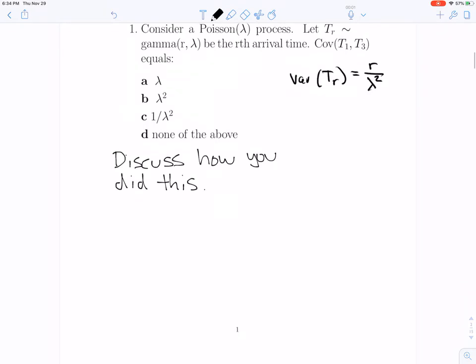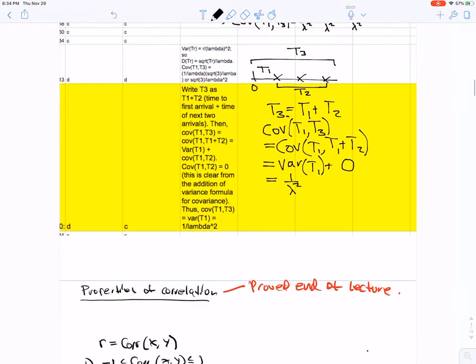To see this, there's a couple explanations. One was basically if you write T3 as T1 plus T2 by thinking of T2 as the time of the next two arrivals after the first arrival, then the covariance of T1, T3 is just the variance of T1 plus 0, because covariance of T1 and T2 is 0, because they're independent.